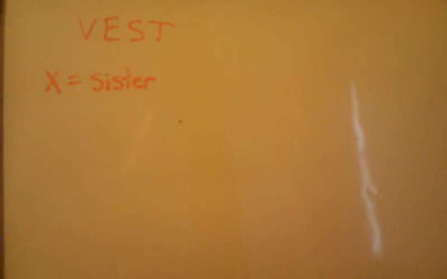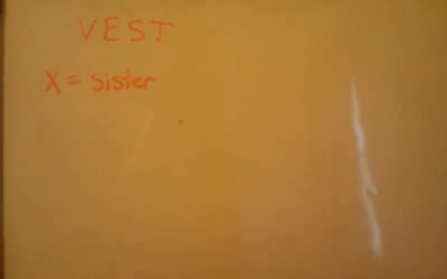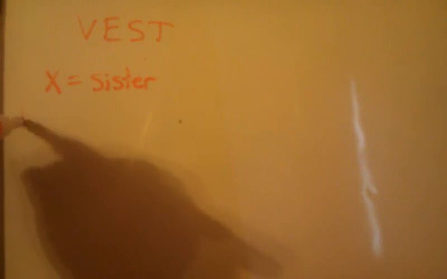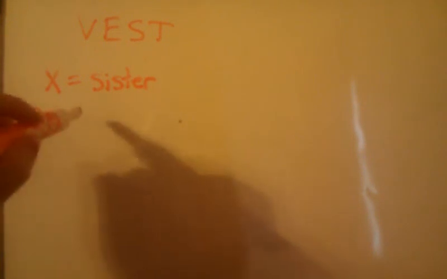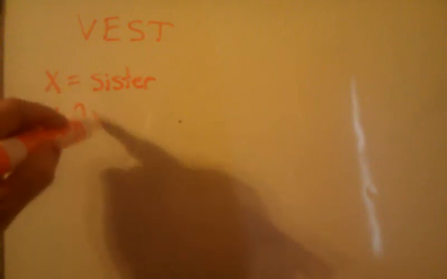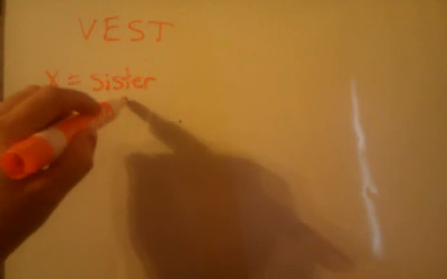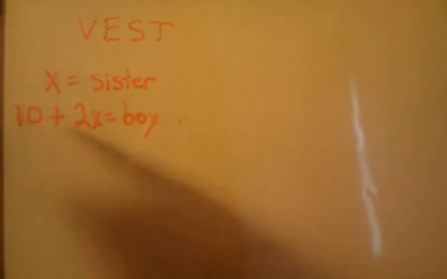If this is how much his sister earned, how much did the boy earn? It says $10 more than twice as much. So $10 more is plus, then twice means 2 times X. Just take it one word at a time.